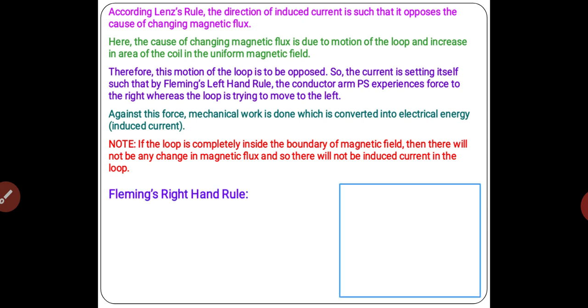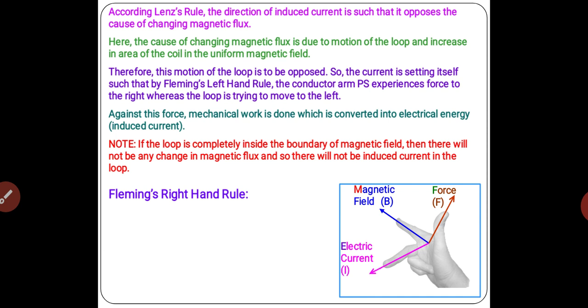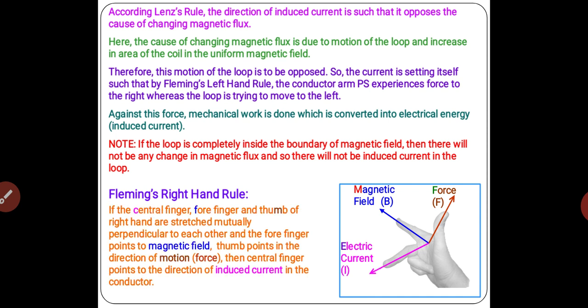Let us see the statement for Fleming's right hand rule. If the central finger, forefinger and thumb of the right hand are stretched mutually perpendicular to each other, and the forefinger points the magnetic field, thumb points in the direction of motion, then the central finger points to the direction of induced current in the conductor.